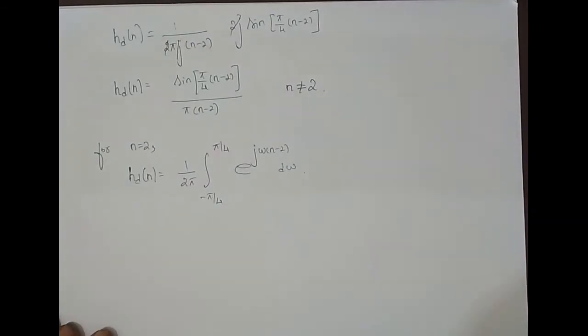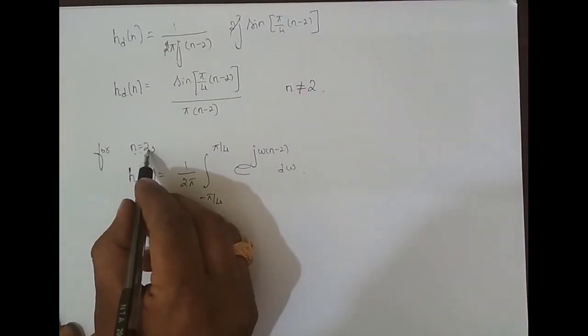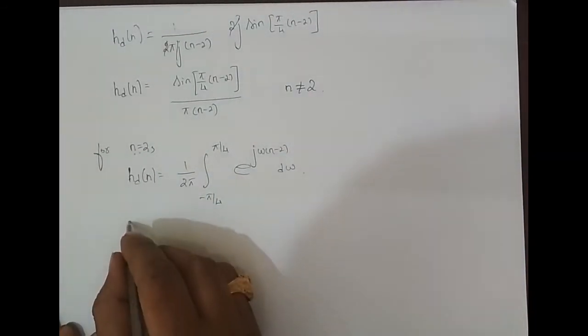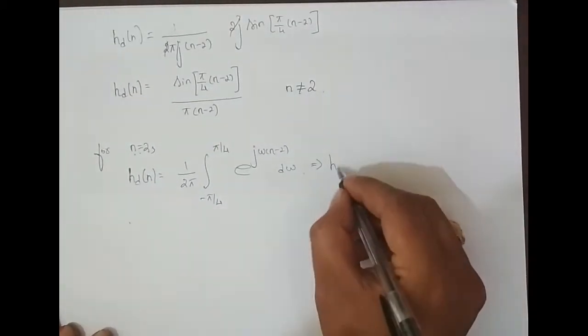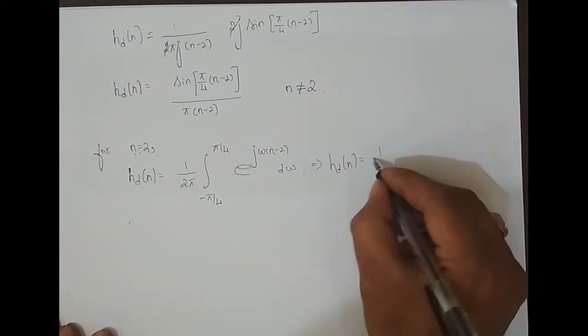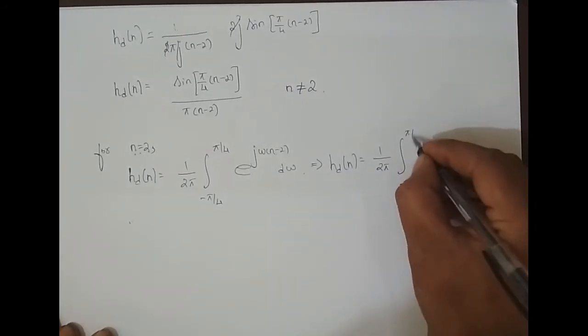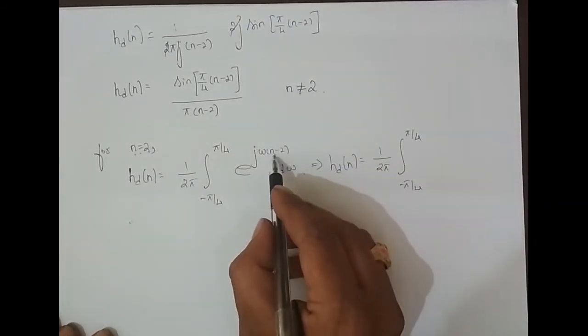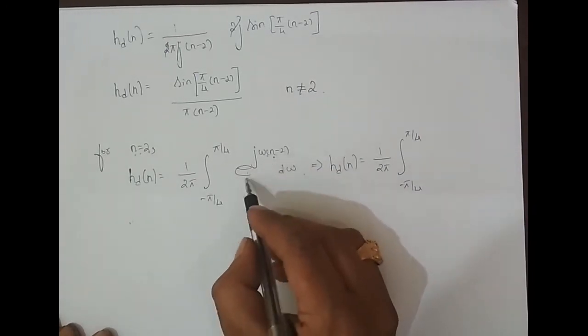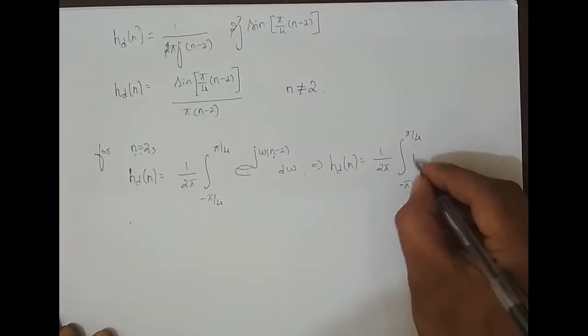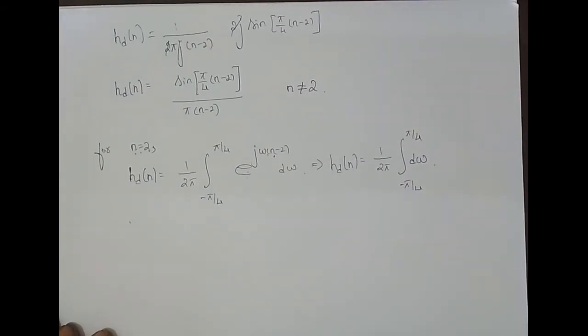But for n equal to 2, when I put n equal to 2 here, e power 0 is 1, and 1 times d omega. This is what I end up with.